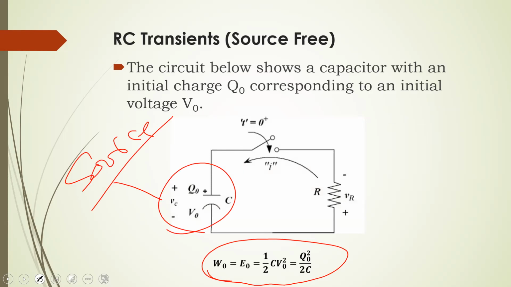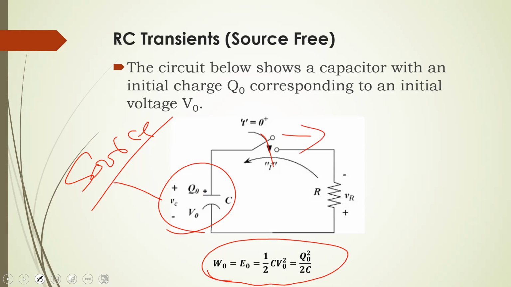And once we close the switch, we are going to find current leaving the capacitor and heading through our resistor.